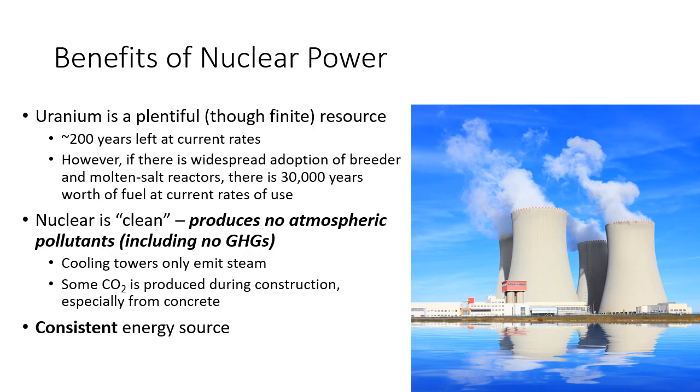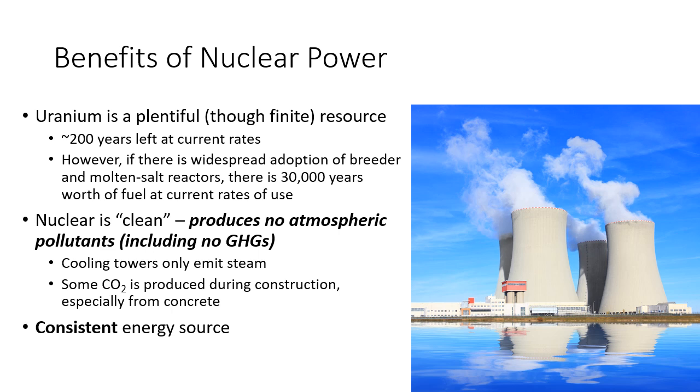So, what are some of the benefits of nuclear? Well, uranium is relatively plentiful. Yes, we do have to mine it. Yes, that does create its own environmental problems, but it is relatively plentiful. There's more uranium on the planet right now in terms of electricity production than there is coal or oil or natural gas. We have about 200 years worth rather than less than 100 years of those fossil fuels at current rates of use.